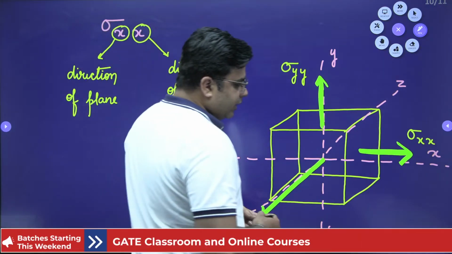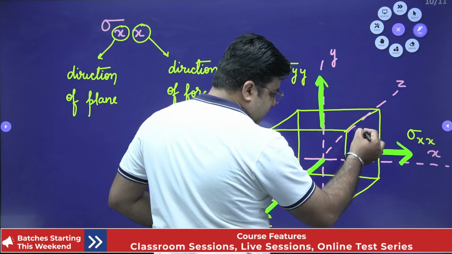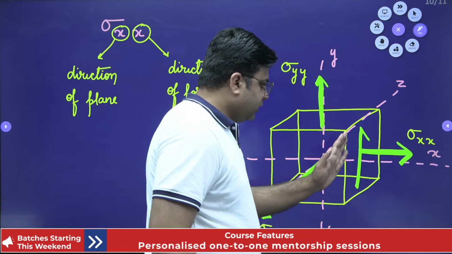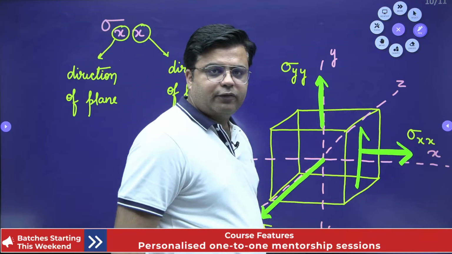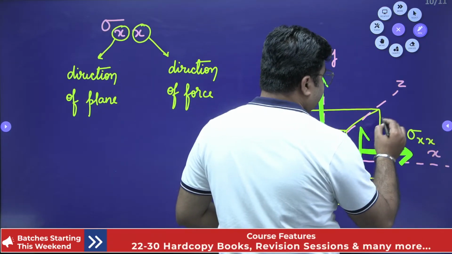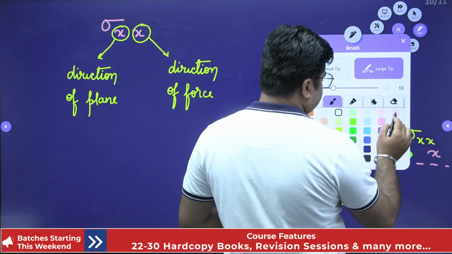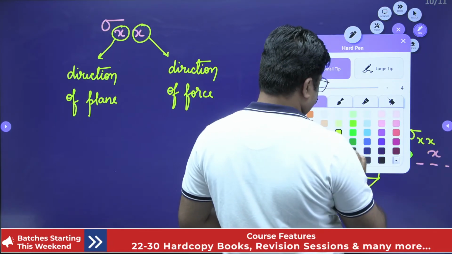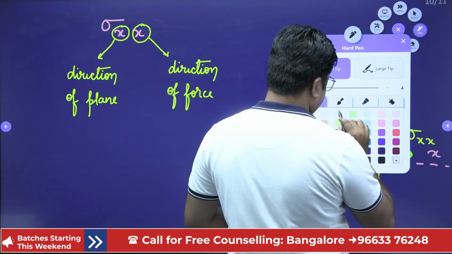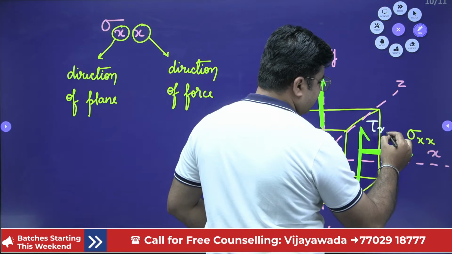Now talking about the next type of stress, which is the shear stress. So if I write this stress which is acting in positive y direction, this stress is termed as tau xy.